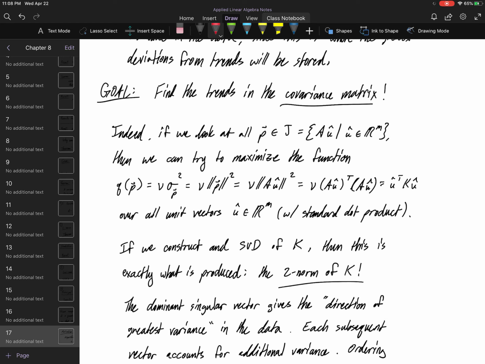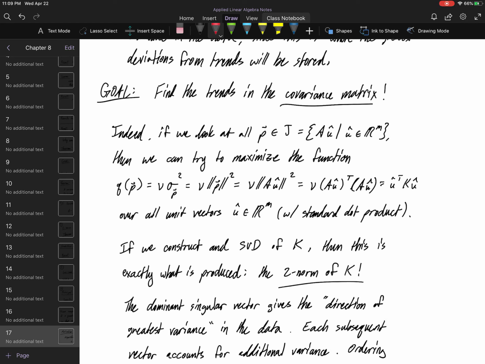If we follow this carefully, we'll see that this is a quadratic form, hence the Q. We're figuring out how to maximize this quadratic form over all unit vectors in R^m. So this is a constrained optimization problem now, which we actually solved a version of back in chapter 5. And in fact, we can use new tools here to solve that problem.